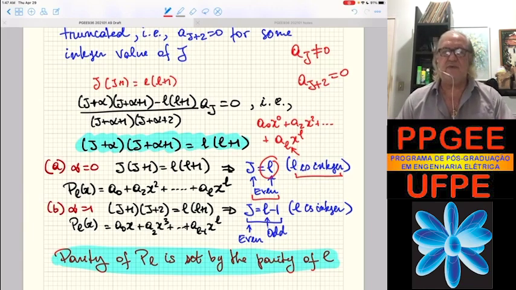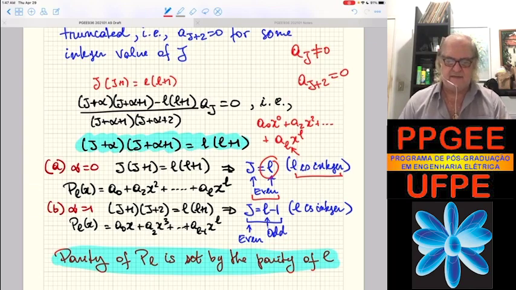So the solution for index L even is a power series of even powers of x.